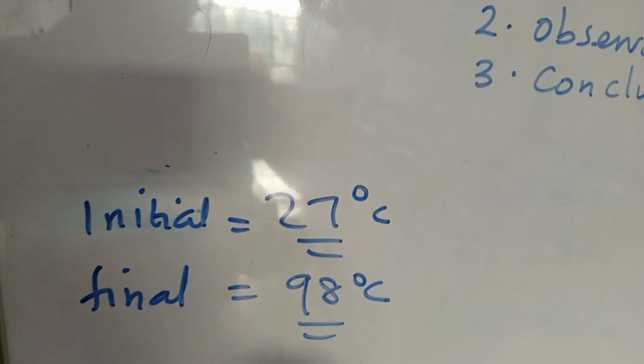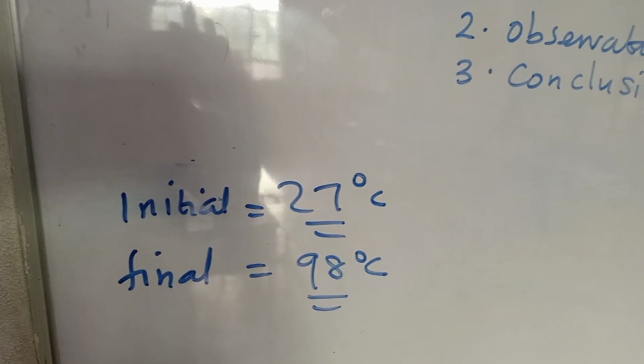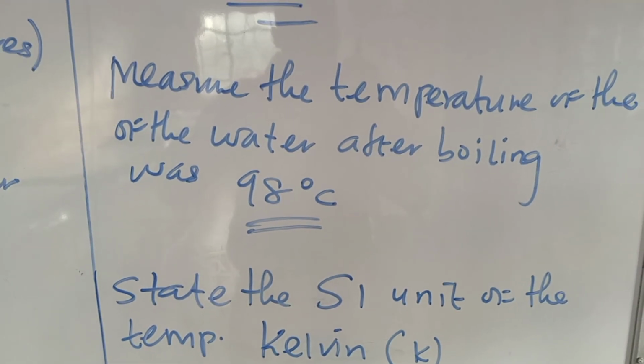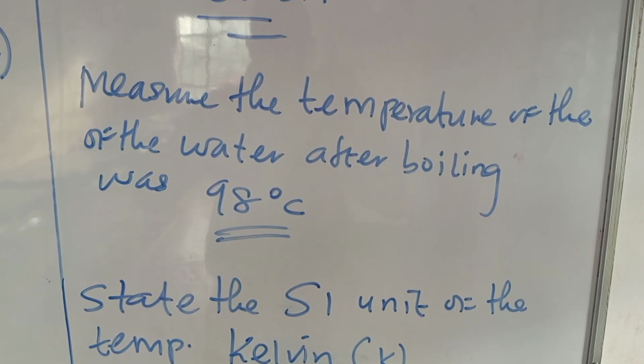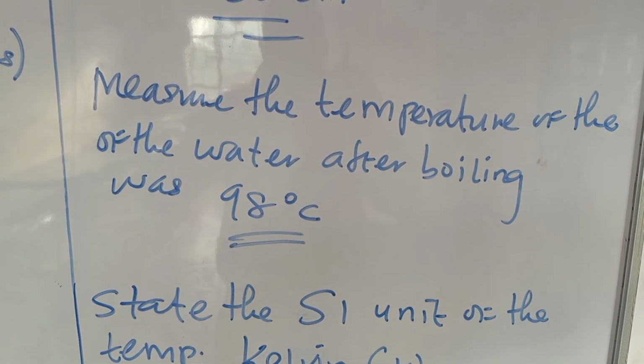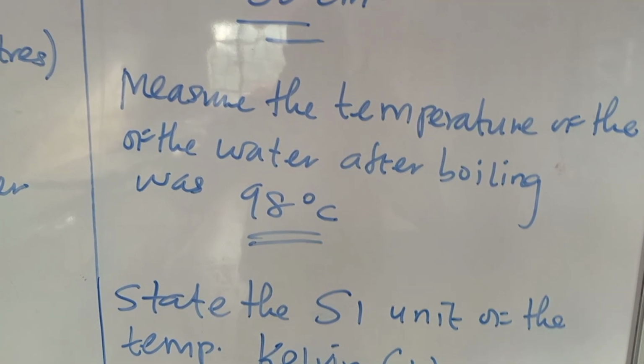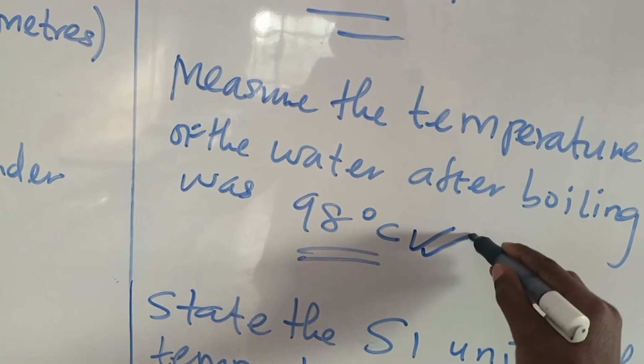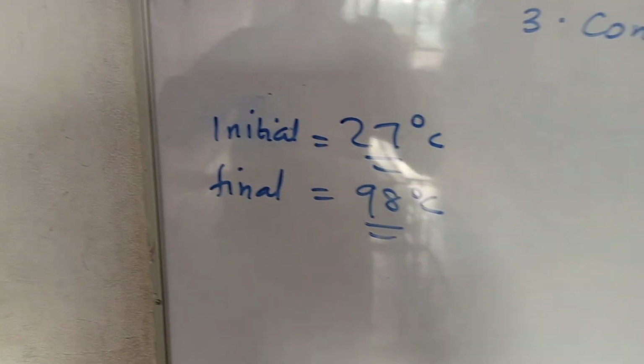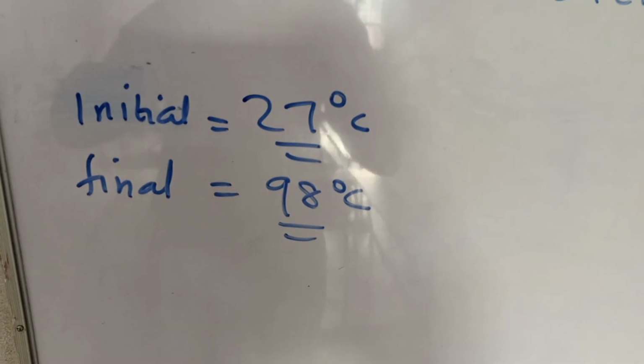The question says to measure the temperature of the water after boiling, which was 98 degrees Celsius, and initial means the original before boiling, which was 27 degrees Celsius.